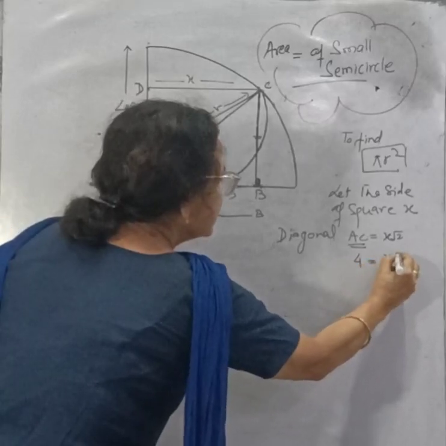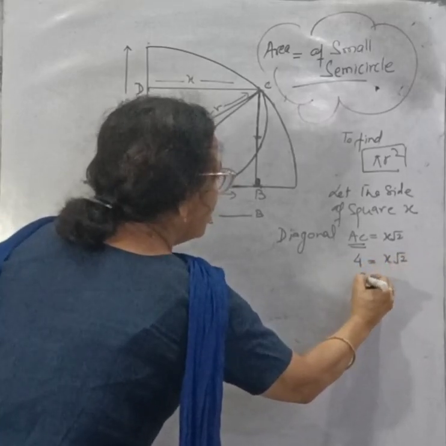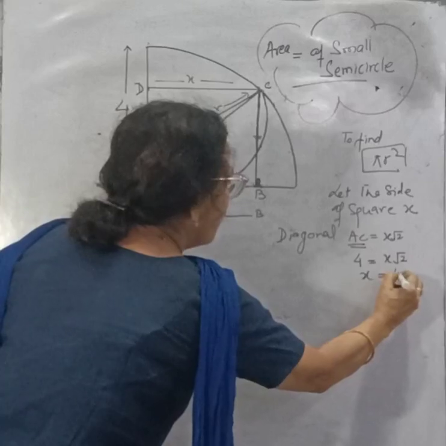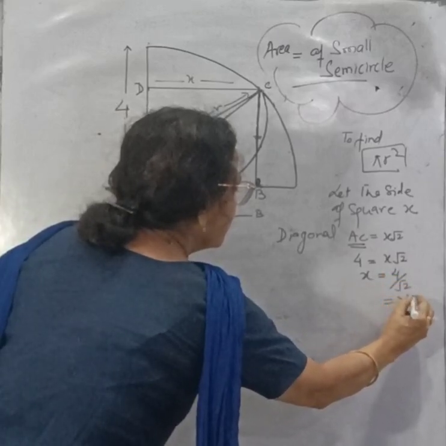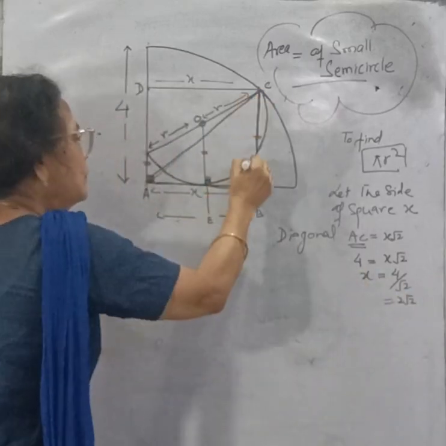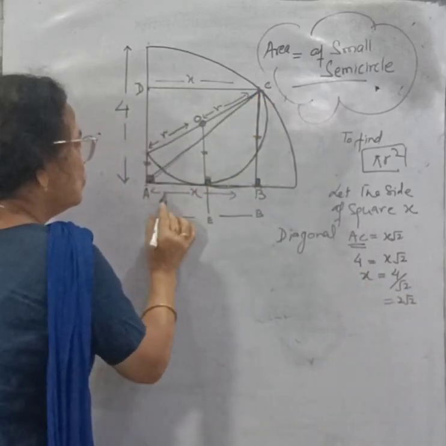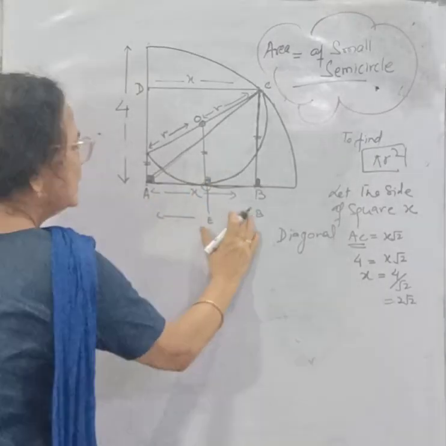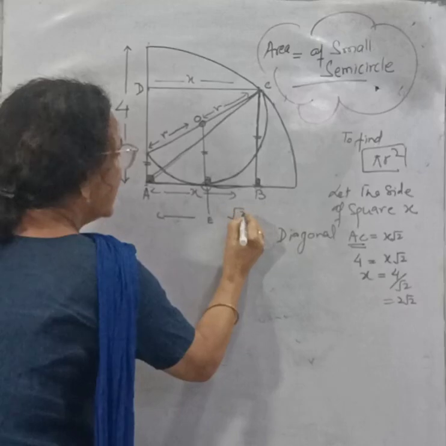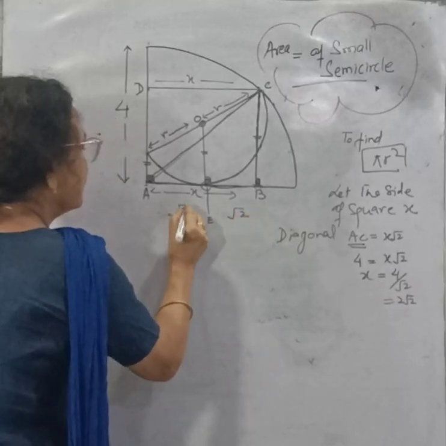It means x root 2 is equal to 4, so x will be equal to 4 upon root 2, that is 2 root 2. This whole side x is equal to 2 root 2. This is divided into two equal portions, root 2 and root 2.